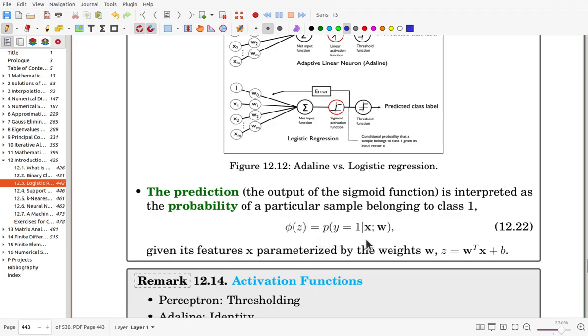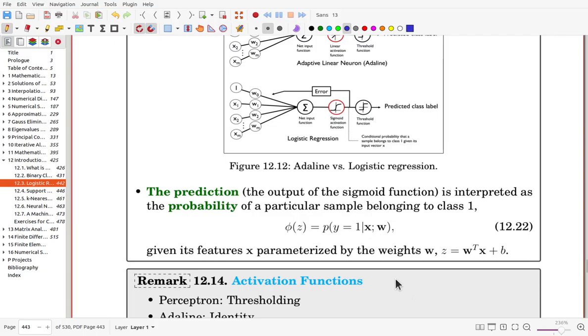So we can write it in this way: the probability for the sample to be class 1, given the point and under W, the parameter.